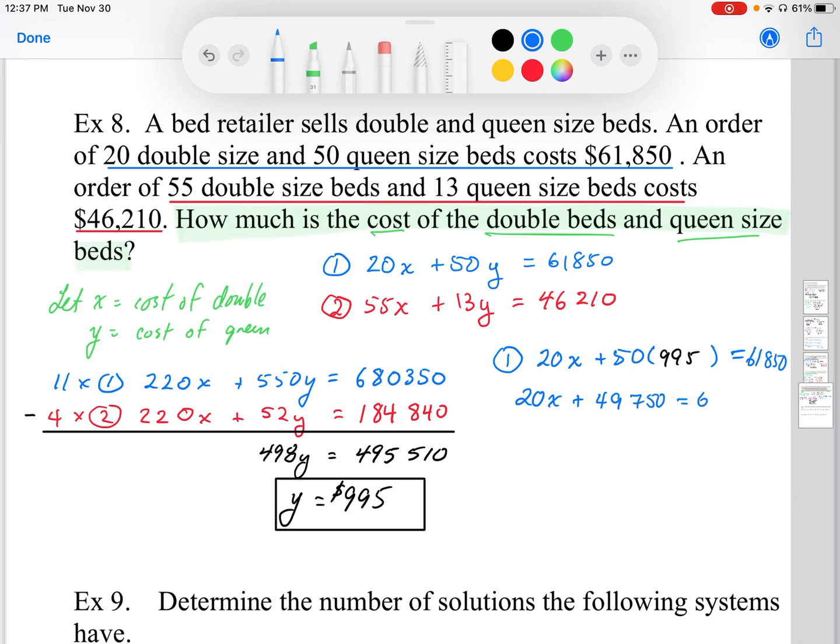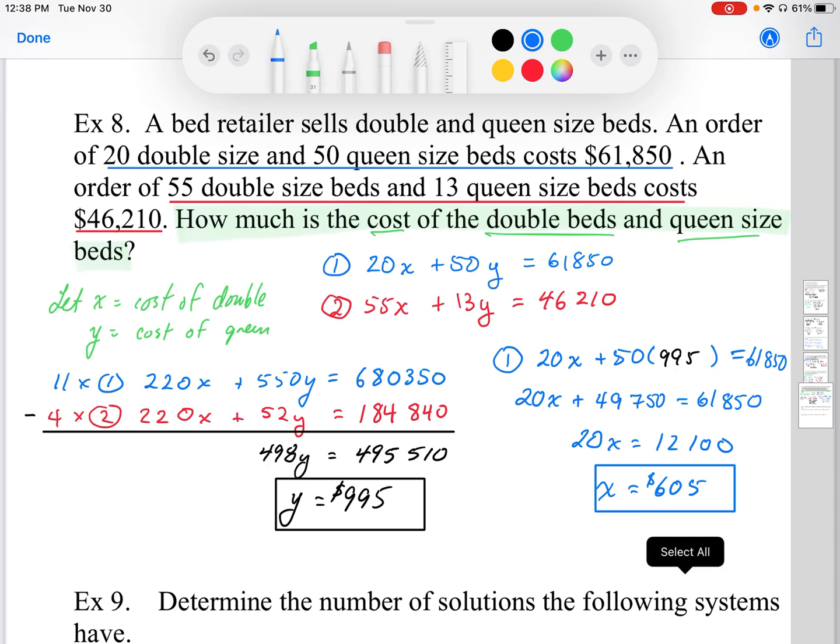That's equal to 61,850. Subtracting 49,750 from both sides, I get 20x is equal to 12,100. So x works out to be $605, and that's the cost for each double bed.